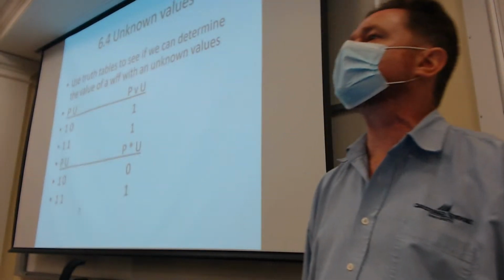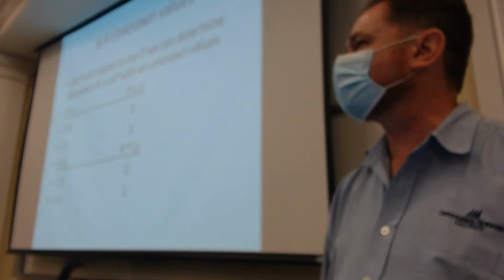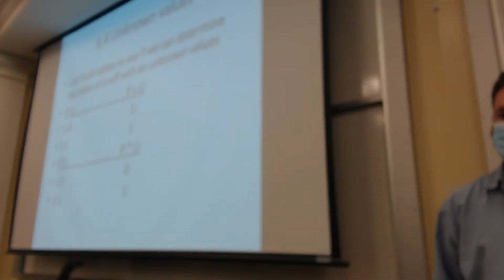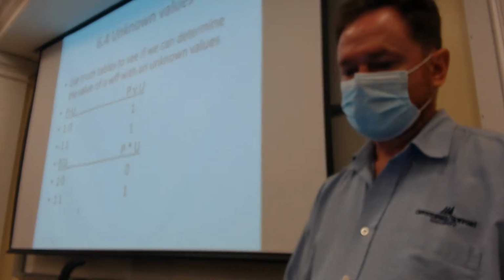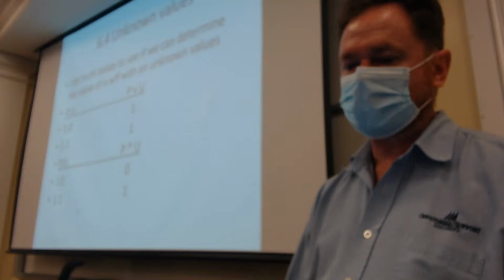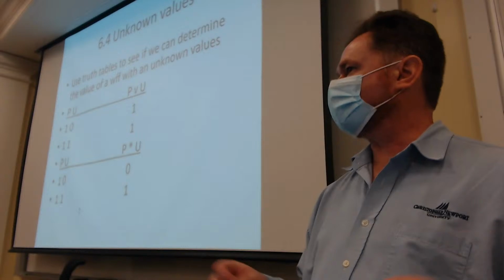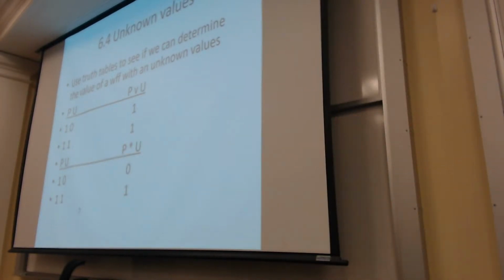And what we will see is sometimes the truth table will help us establish what the value is of the statement, even when we don't know the value of one of the letters, and other times it will not. So here, on these two truth tables, P is always true, but U stands for unknown. And because it's unknown, we need to calculate the value of the statement for both possible values.